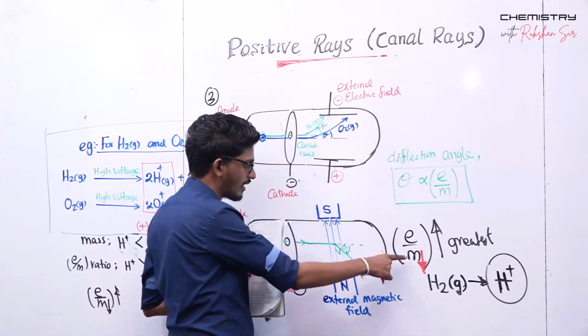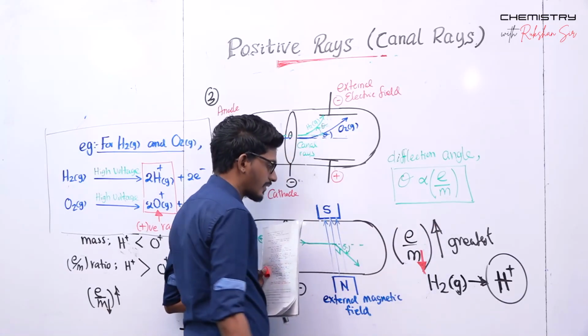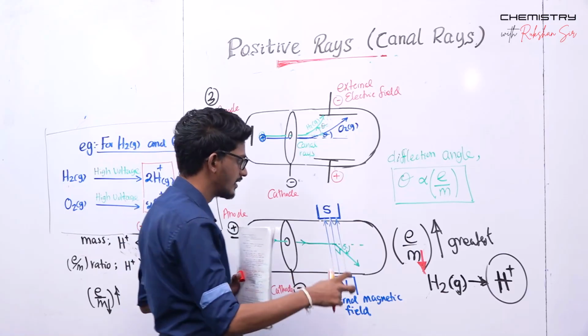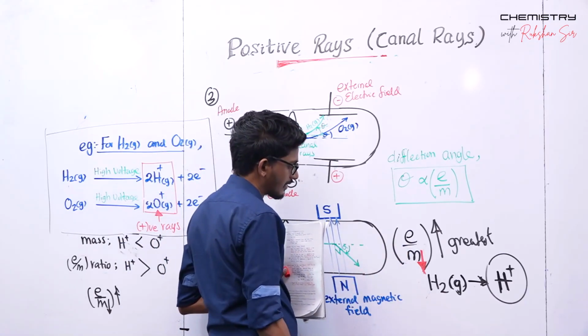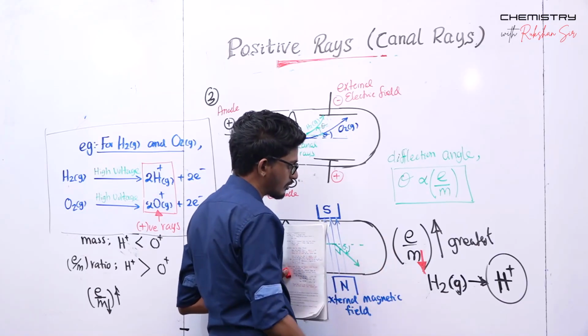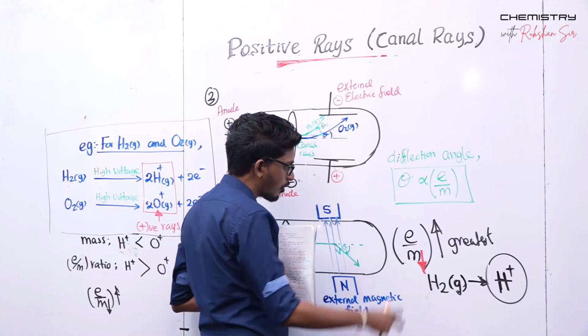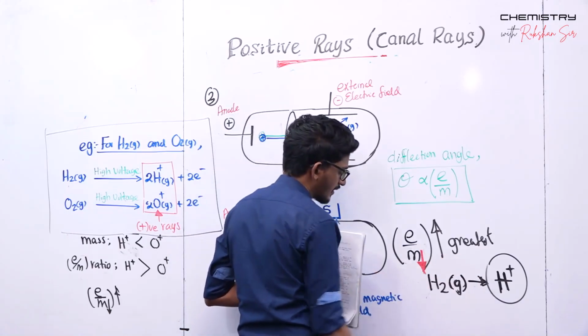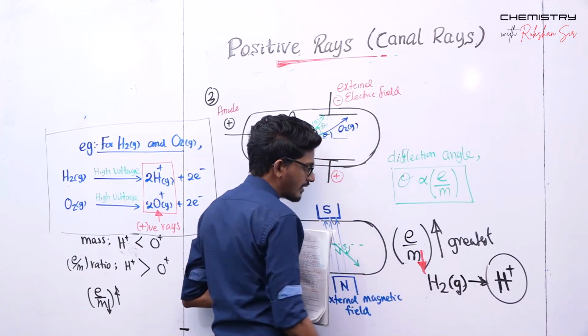When you have a smaller value at the bottom, the total is high. So as they saw the greatest e/m ratio with H2 gas, they concluded the smallest positive ray particle is the one coming from H2 gas, that is H plus.